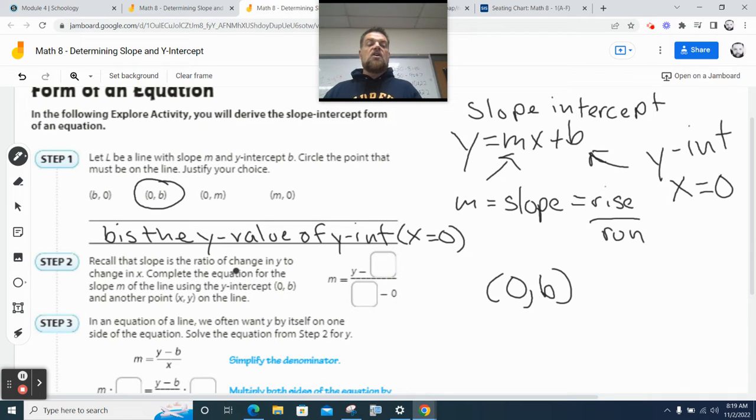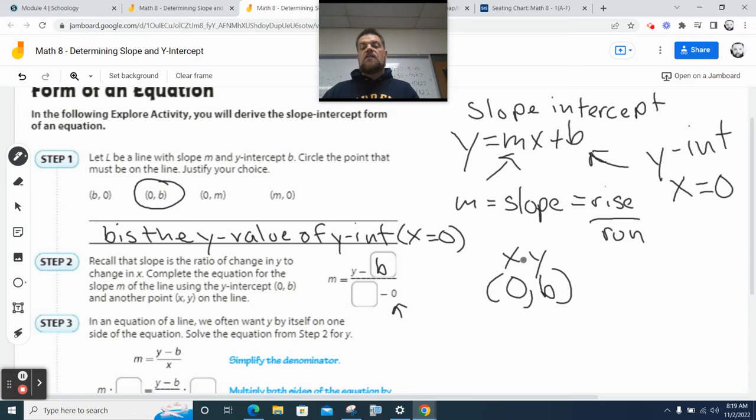And then it says, recall the slope is the ratio of change in y over the change in x. So they're saying y minus y. You've got to think about this. This is an x value. This is a y value. So if we know what the y-intercept is, one of the y values should be b, right? And notice that the corresponding x value is 0, right?